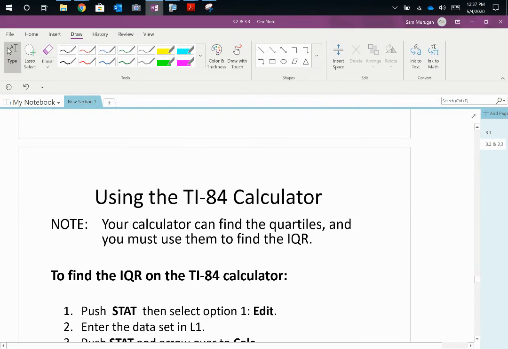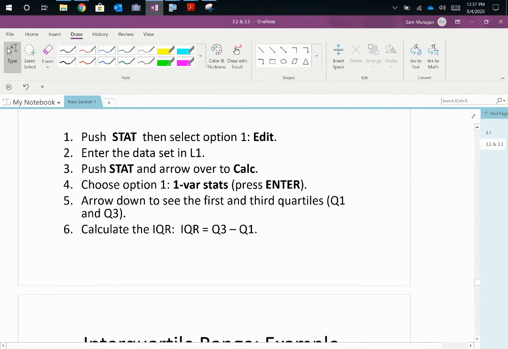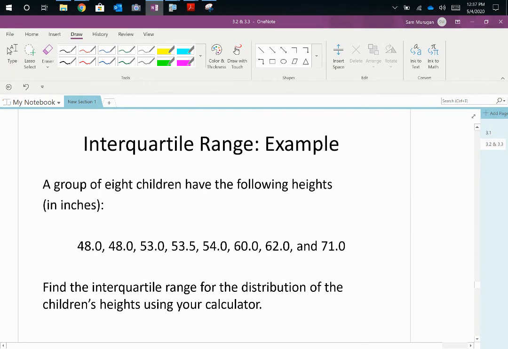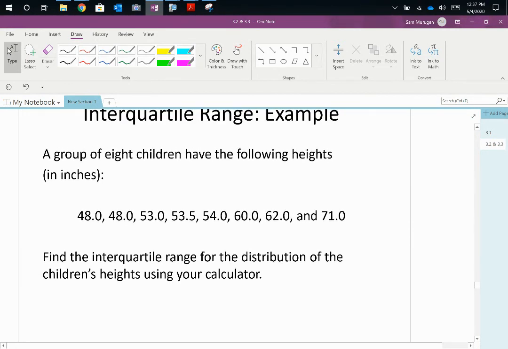So, if you were to put this data into the TI-84 calculator, let's go ahead and find the interquartile range for this data here. So I'm going to go ahead and put this data into a calculator.